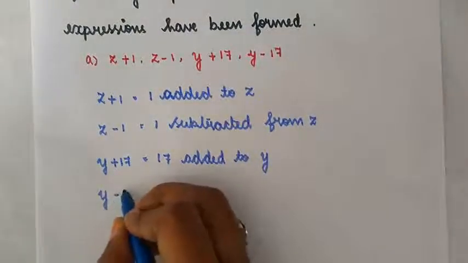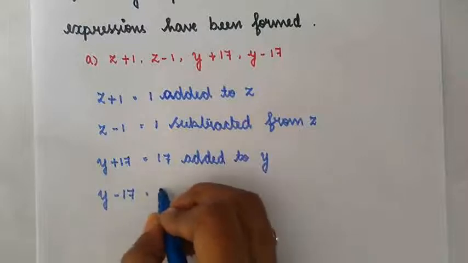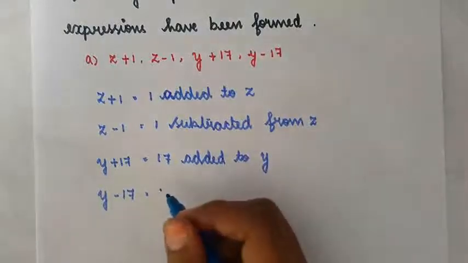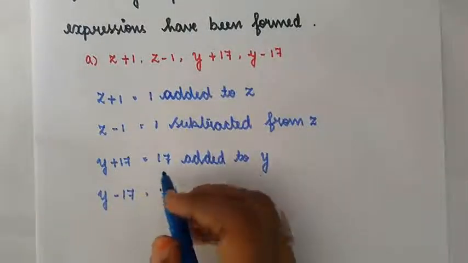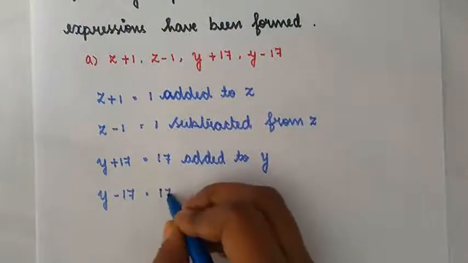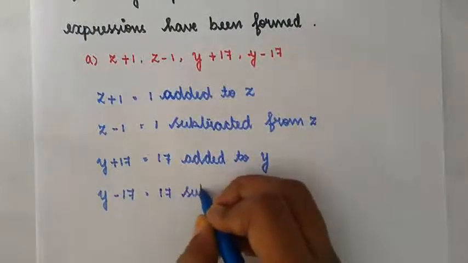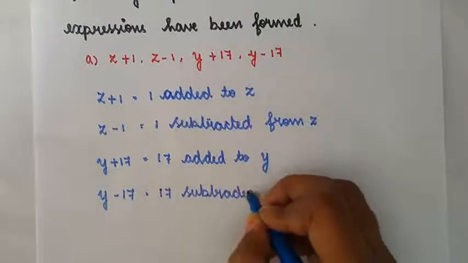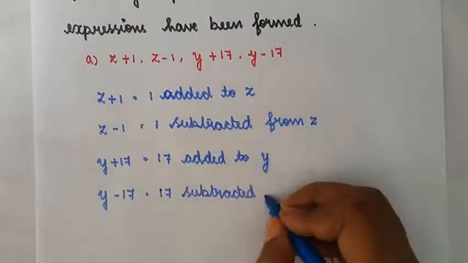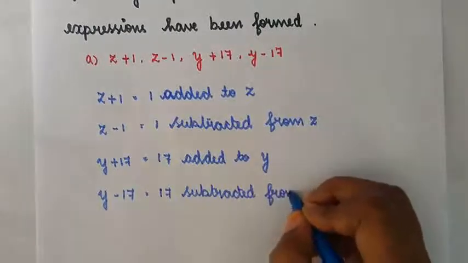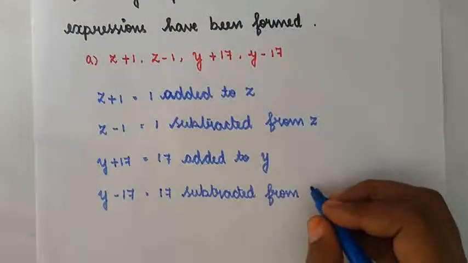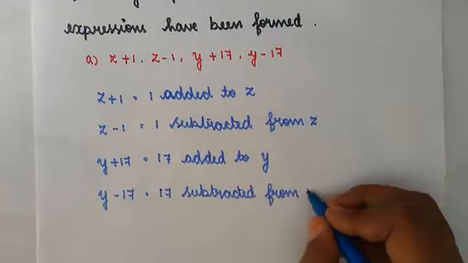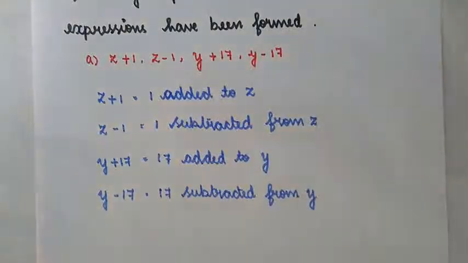So how can we read this expression? 17 is subtracted from y. Okay, this is the first subdivision, A.